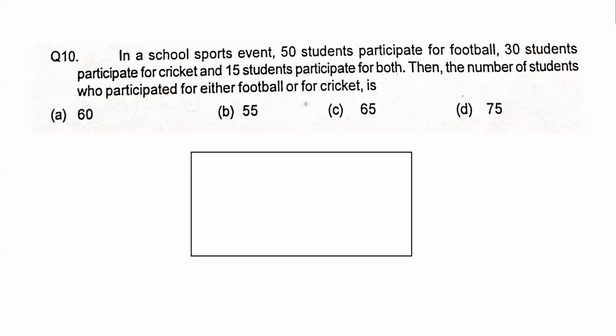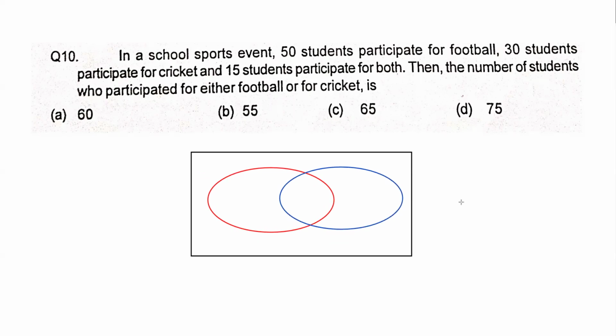Let's say this is the school and there are 50 students. All right, so I'll use this one. This is the 50 students who participated in football, and let's say this is the 30 students who participated in cricket and 15 students participated in both.